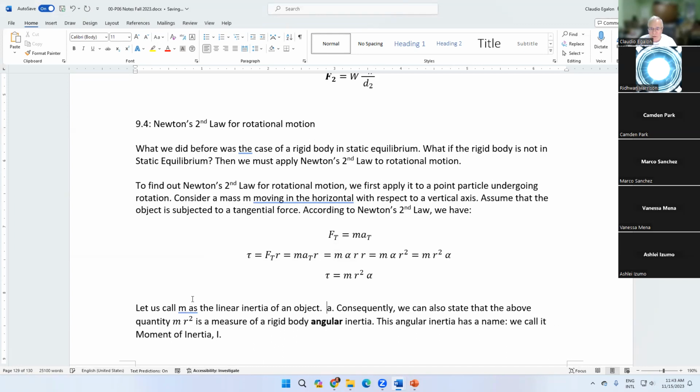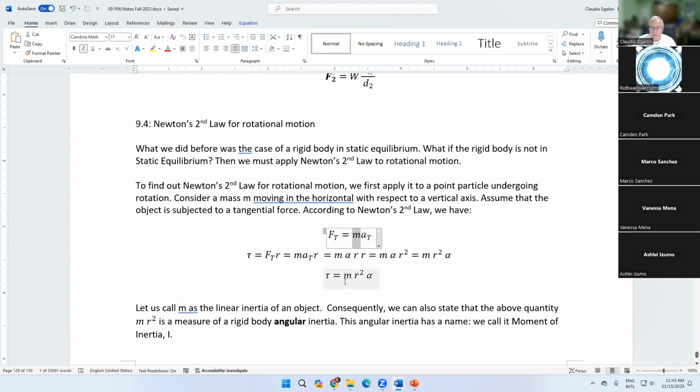It's a measure of the inertia of an object, how difficult it is to change its velocity. The larger the mass, the more difficult it becomes to change its velocity. So if m is the linear inertia of an object, then this term here is going to be the angular inertia of your object.